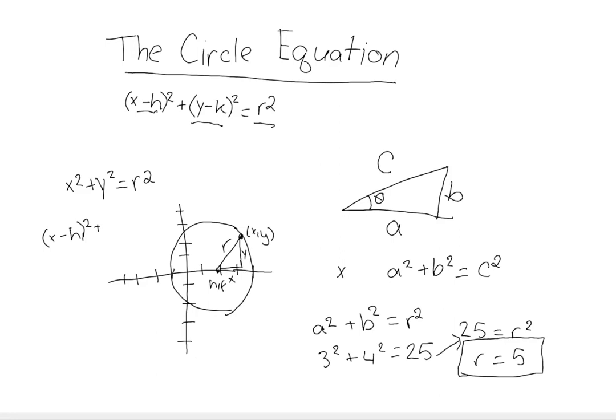That's how you find the distance. And if we take this distance and plug it into Pythagorean's theorem, we can find our radius. And then of course, this all equals r squared. And that is how we get this equation up here.